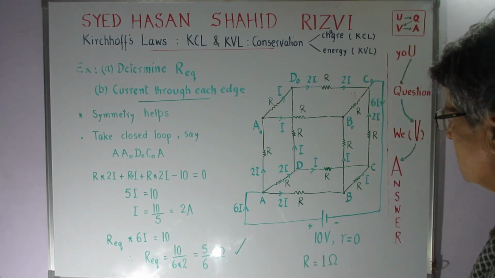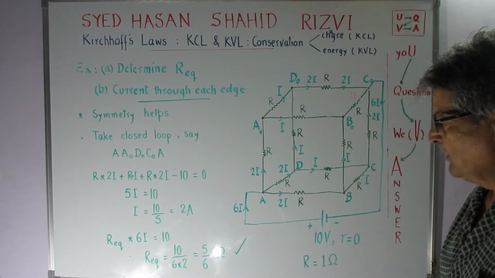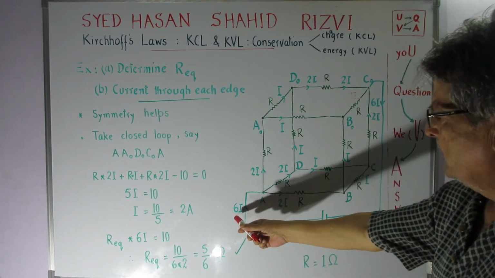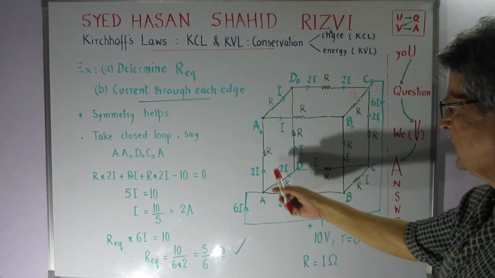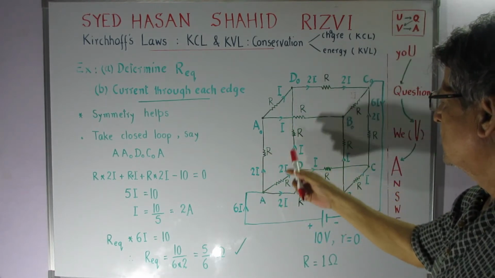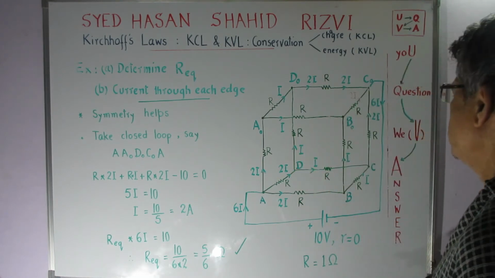Well, people have been doing it. Sometimes we take this current to be I, and then I by 3, I by 3, I by 3, I by 6, I by 6, like that, okay.